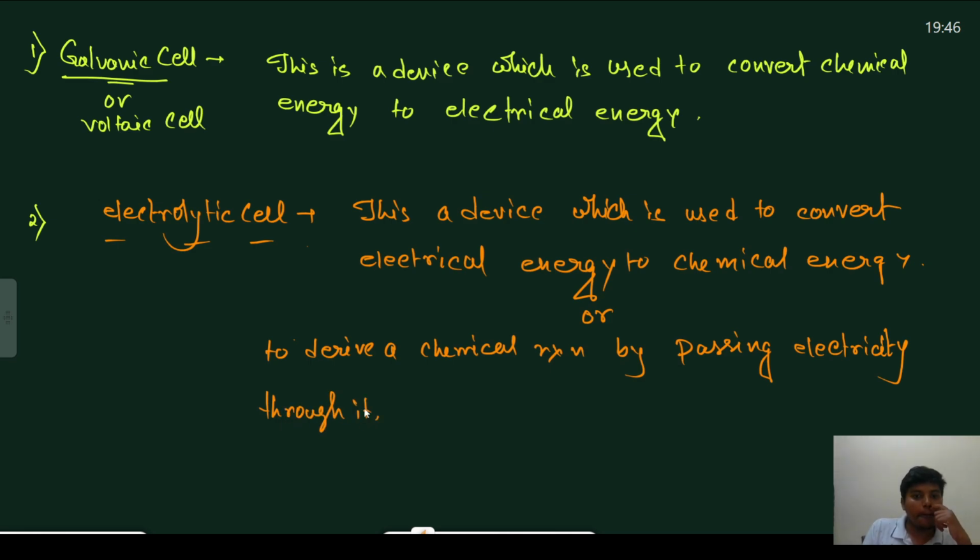Understood this thing? Any doubt? So which kind of chemical reaction? Non-spontaneous. For example, if I tell you to break water into hydrogen plus oxygen, normally it is not possible, right? You give heat, you give light, not possible. But if you give electricity, instantly it will break into hydrogen and oxygen. Understood?